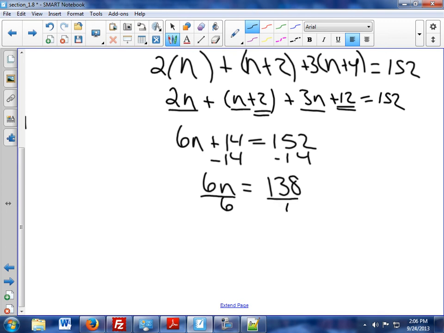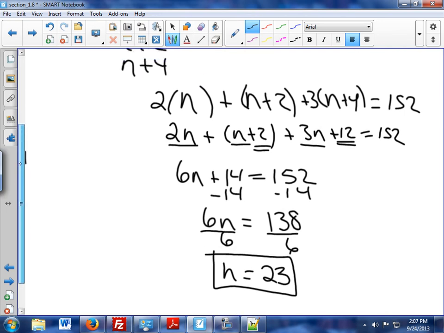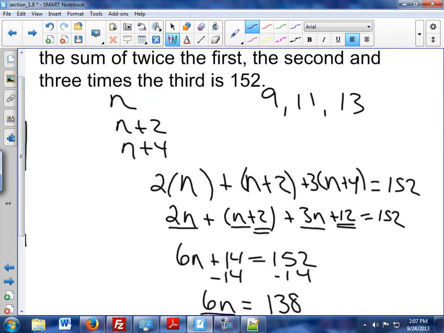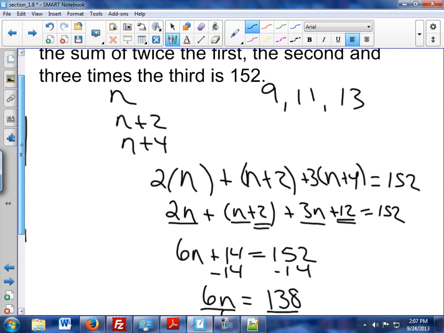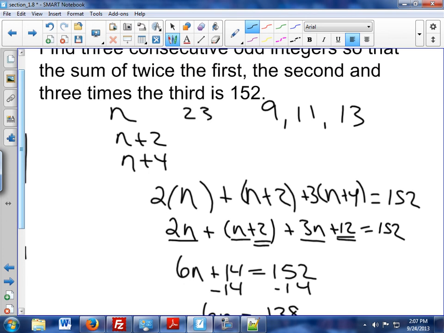Divide by 6, divide by 6, n equals 23. That's one of them. So, forgot already. 23, 25, and 27.